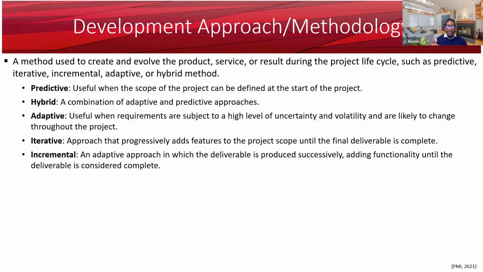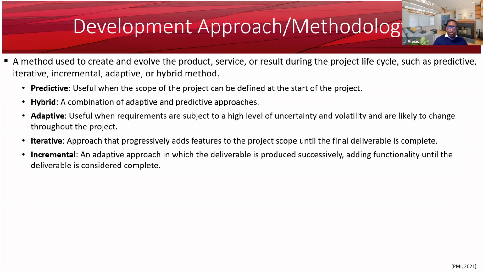A predictive approach is going to be useful when the scope of the project can be defined at the start of the project. If you can't do that, a predictive approach is not the best approach for your project.